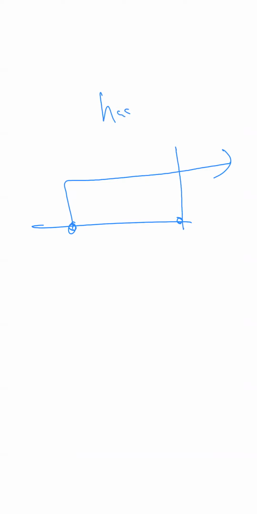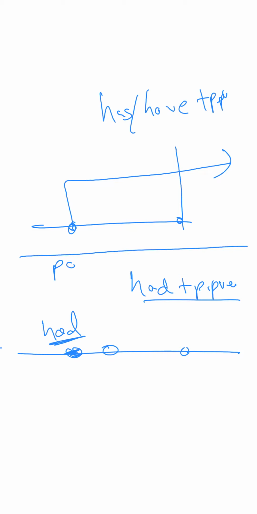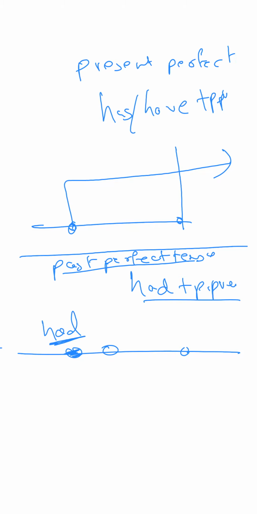That is has or have, which we did earlier, plus past participle of verb. Now, two actions happening in the past, and the first action denoted by had plus past participle of verb, that is past perfect tense. This is past perfect tense, and this is present perfect tense.